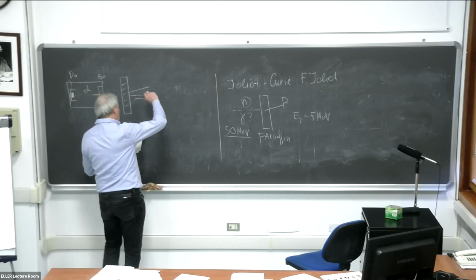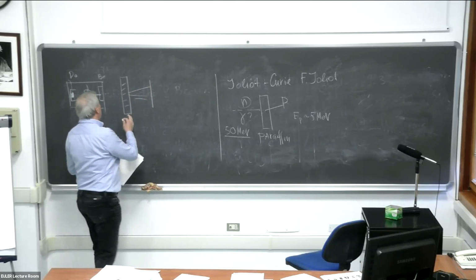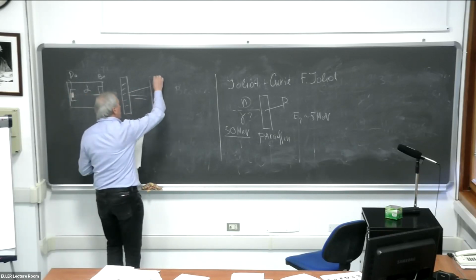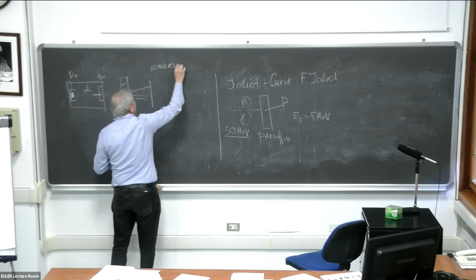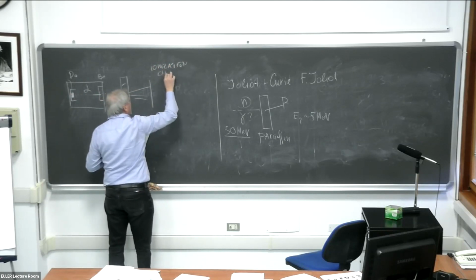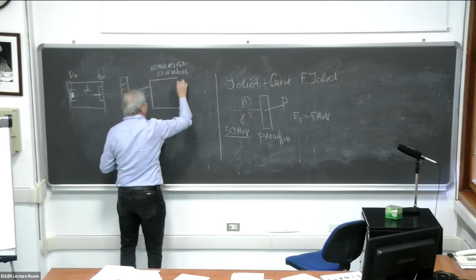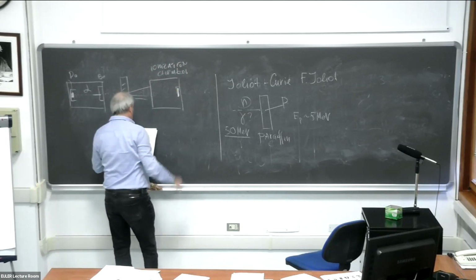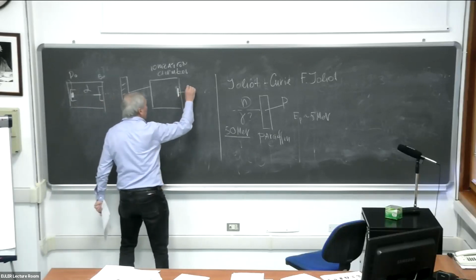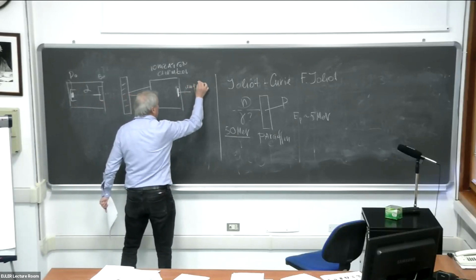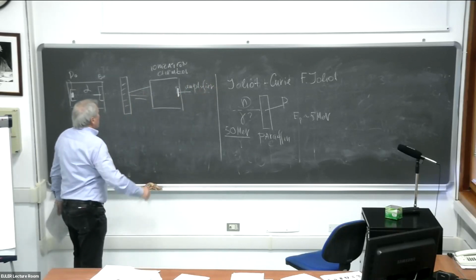And then he put a small ionization chamber. So that was some other step. So he put an ionization chamber. It has this kind of arrangement, and here it is connected to an amplifier.